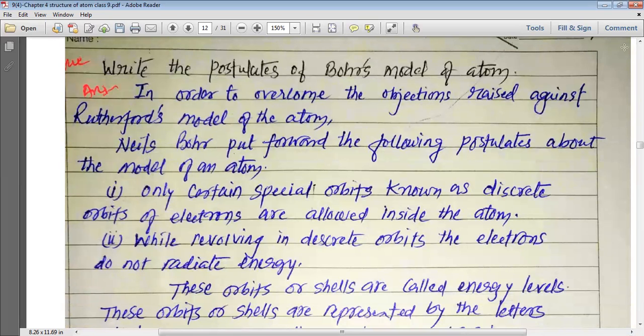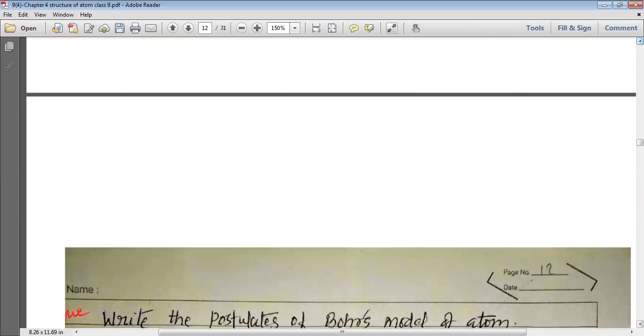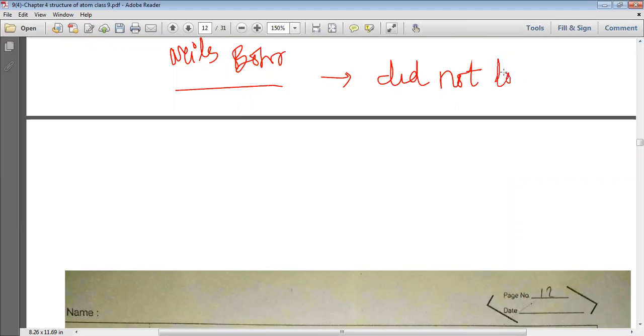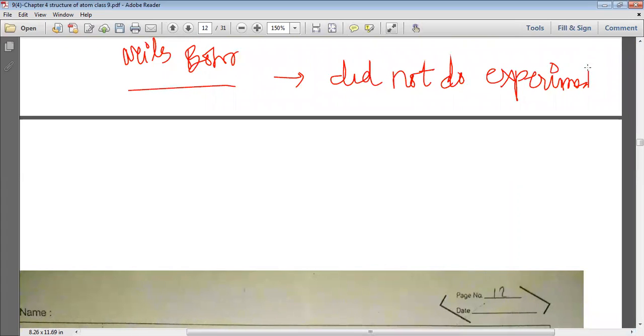He did not do any experiment. Instead of doing any experiment, my dear students, he gave us the postulates.